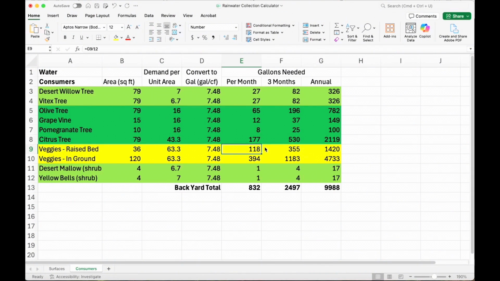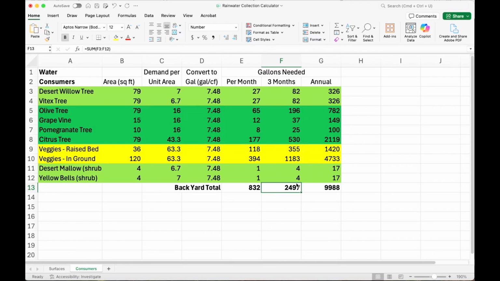So I would collect water during those 3 months and then use it during the 3 months when I don't get rain. Now, that doesn't mean that I'll get enough to be able to supply all 355 gallons that I would need for this one raised bed. Or if you look at my backyard total, it's about 2,500 gallons.